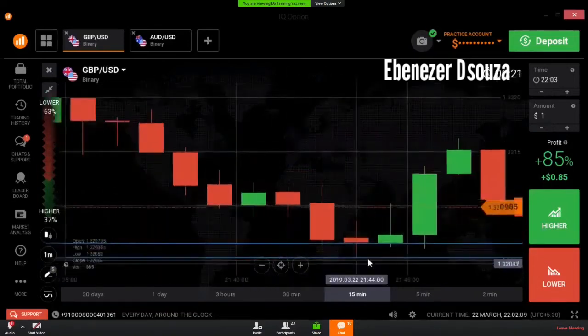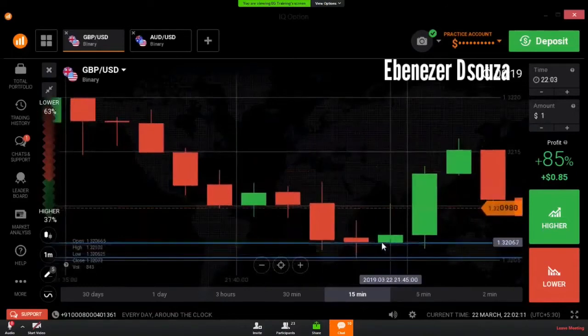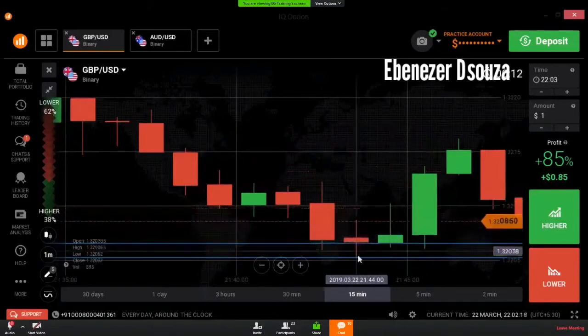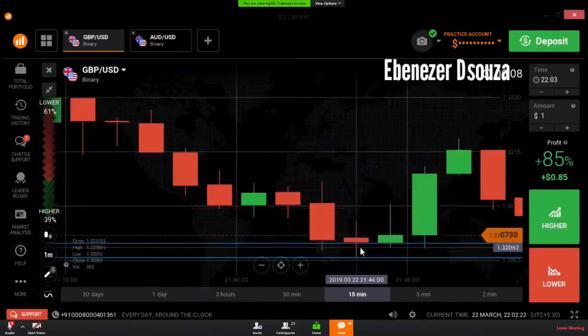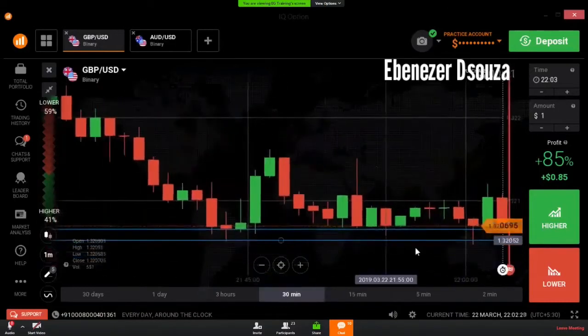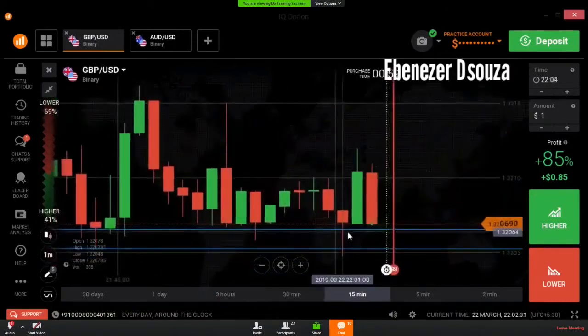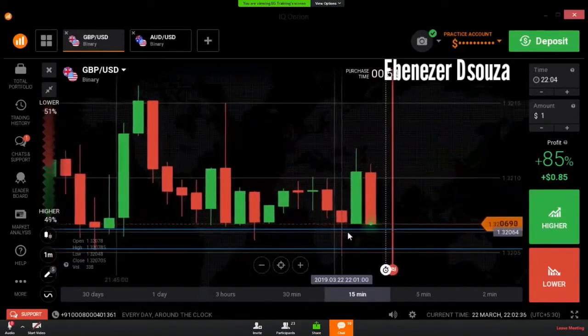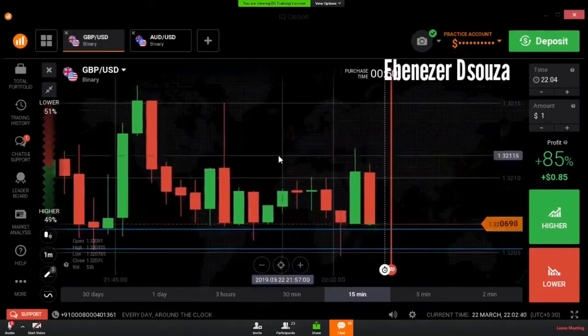Actual buyer's entry point is from this level, but we are seeing buyers directly in this body. So from this level to this level, this whole area is a buyer's area. If market comes to this level, there is a chance to enter buyers. You can see here, there is a chance to enter buyers. So to enter with buyers, we need a confirmation candle from 5 seconds.